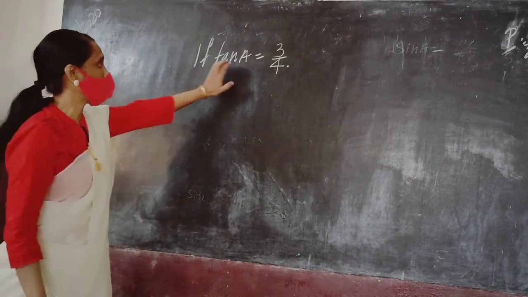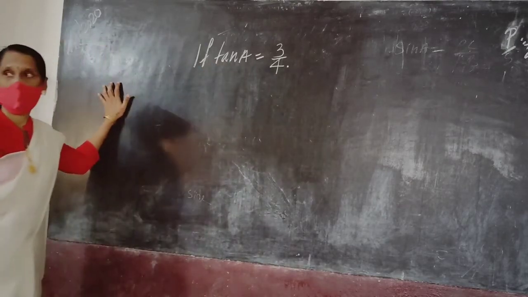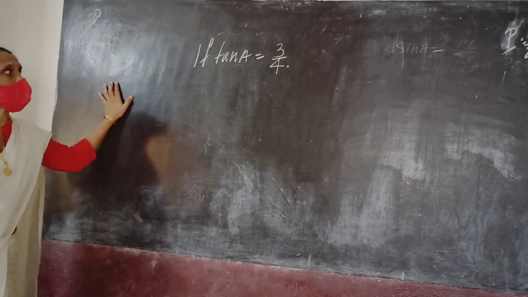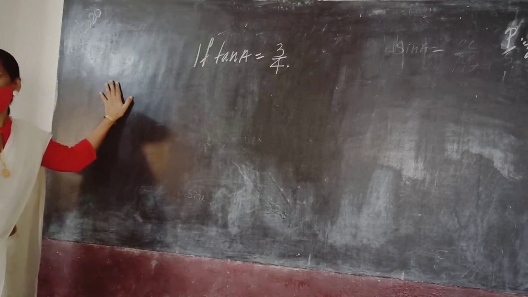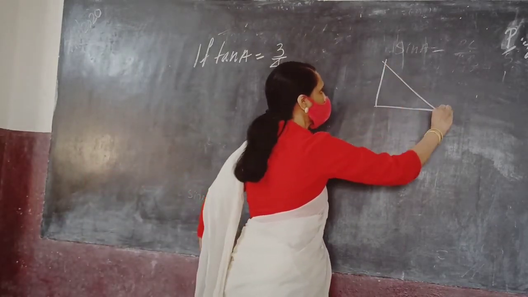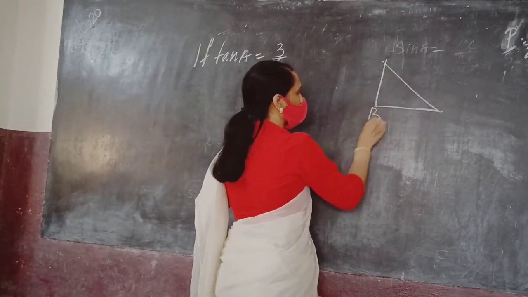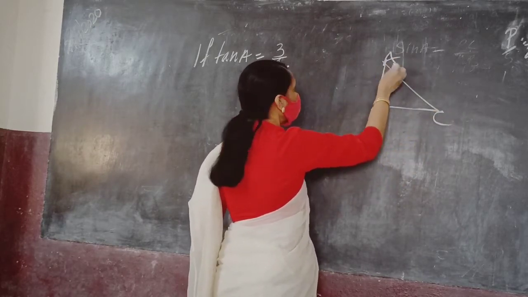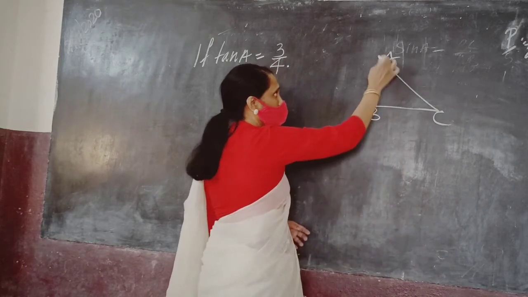What is tan A? Opposite side by adjacent side. That is given in the ratio 3:4. So let us substitute in the triangle ABC.